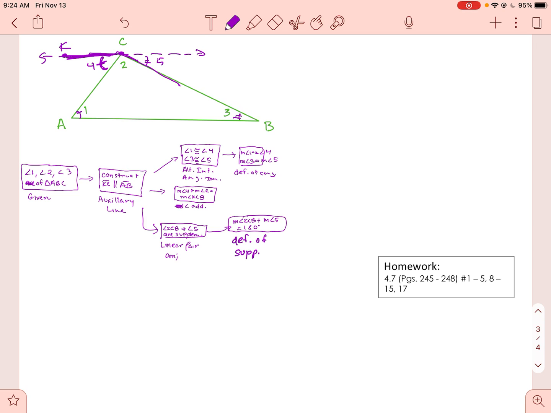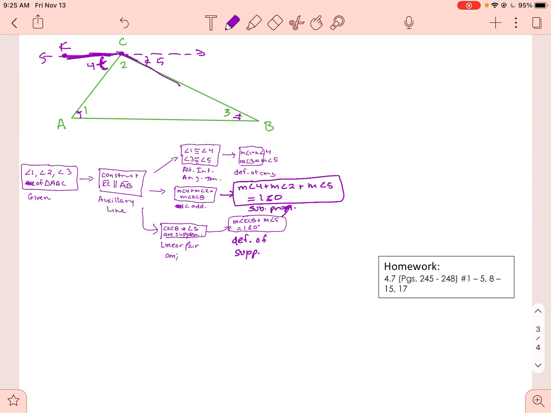Now, because we have this, what we're able to say is the measure of angle 4 plus the measure of angle 2 plus the measure of angle 5 is equal to 180 degrees. Okay, why are we allowed to say that? That is because we are using the substitution property. So coming from this, we know that KCB is equal to 4 plus 2, and then if we add 5 to it, we get this statement. So that is the substitution property.